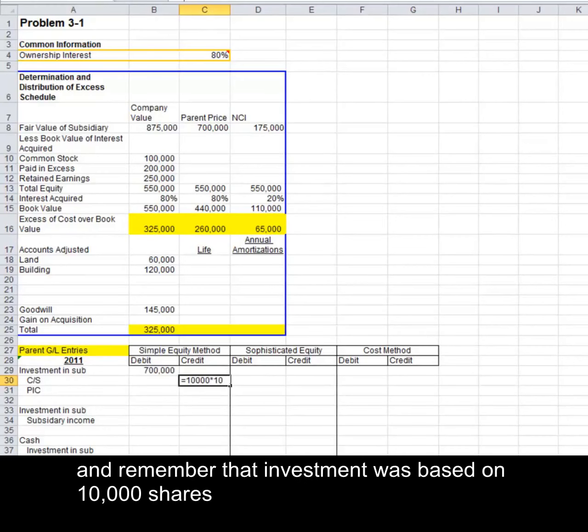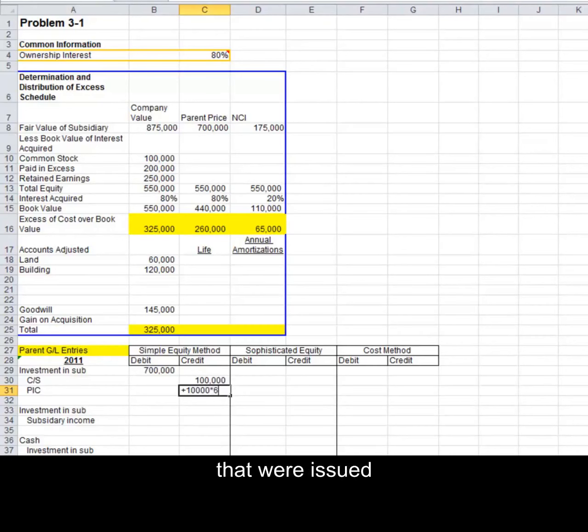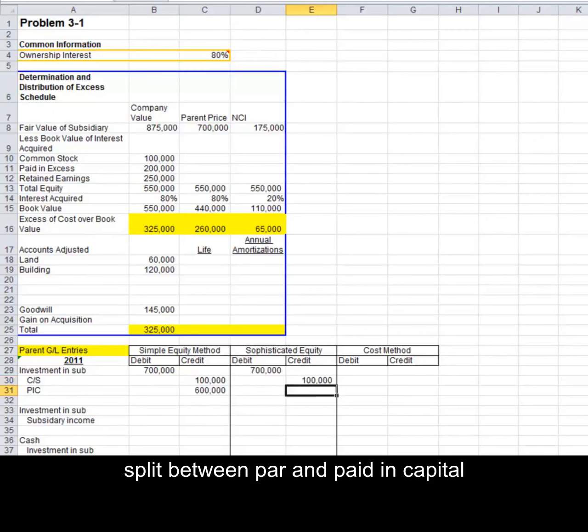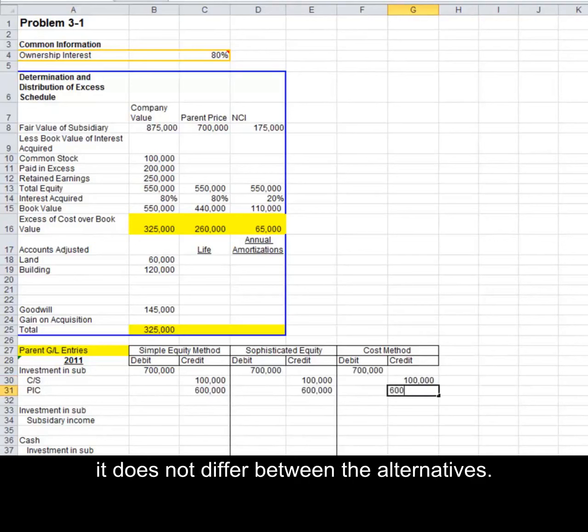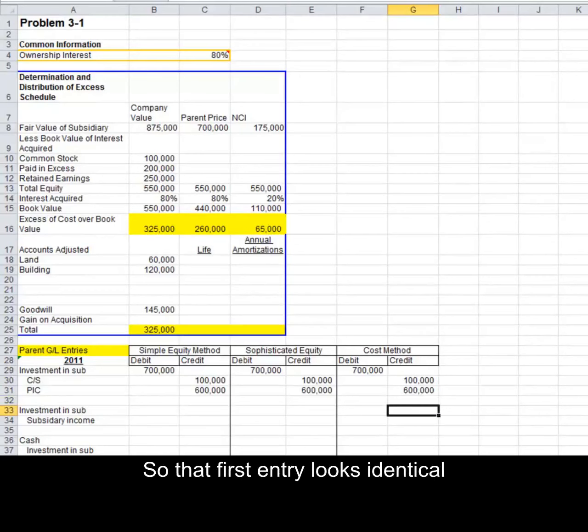And remember, the investment was based on 10,000 shares that were issued at 70 with a $10 par. So that 700,000 split between par and paid in capital is the same all the way across. It does not differ between the alternatives. So that first entry looks identical.